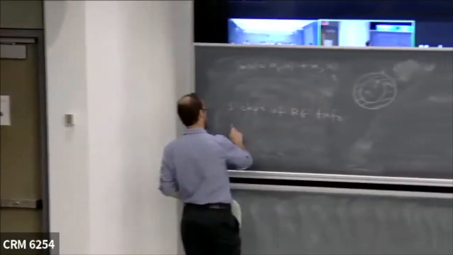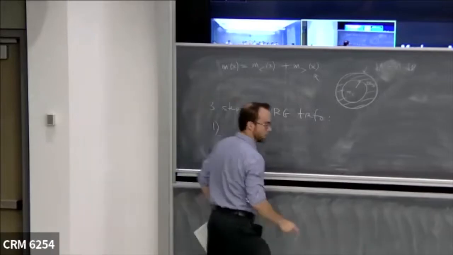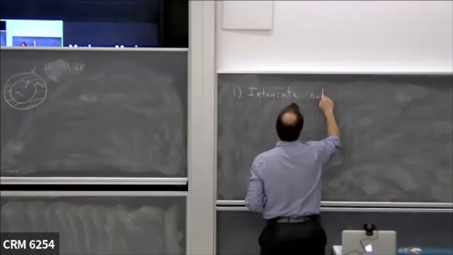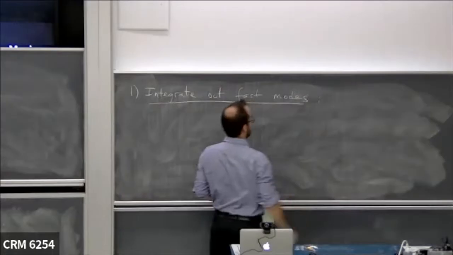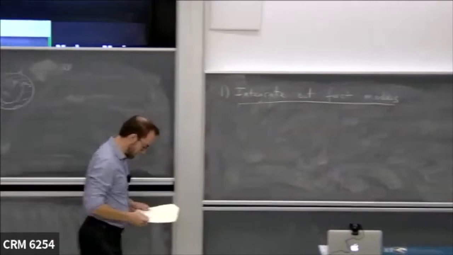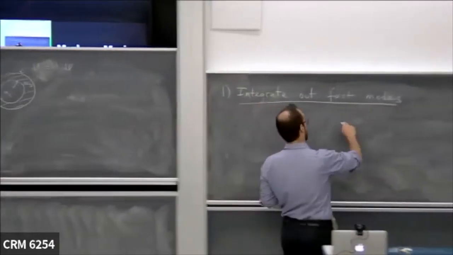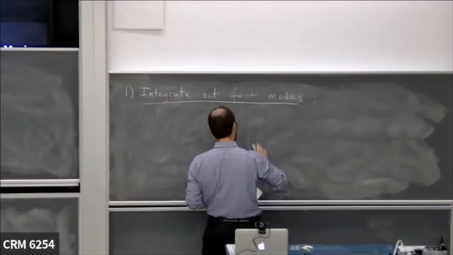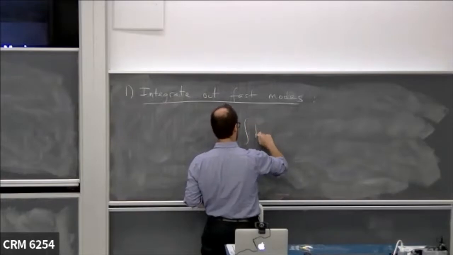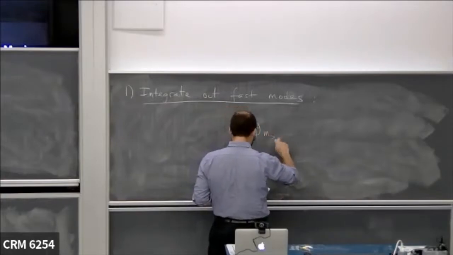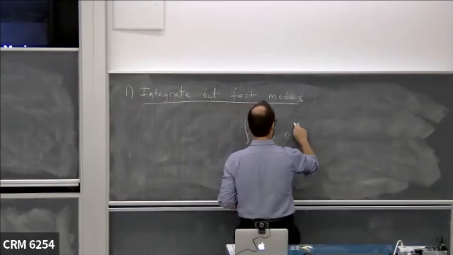So the first step is to integrate out those fast modes. What that means is that we'll take our partition function, our path integral, and we will only integrate over the fast modes.